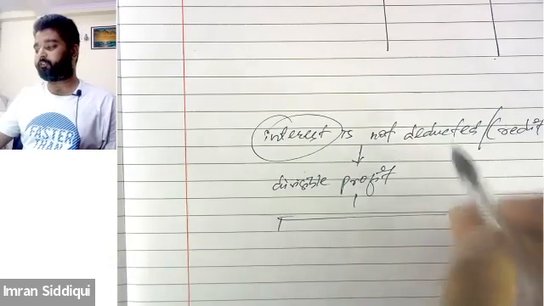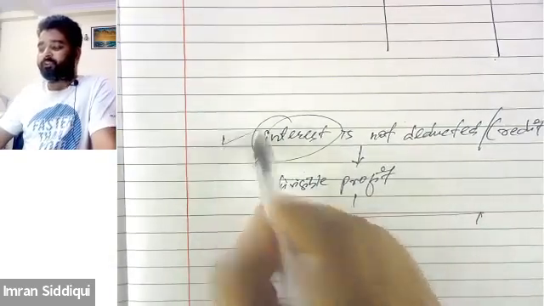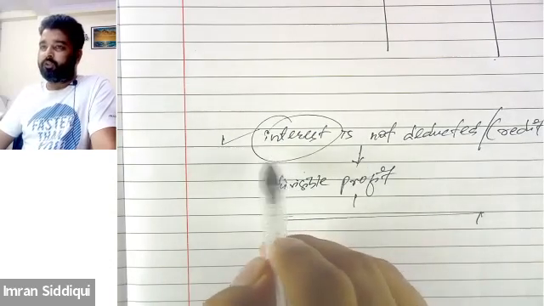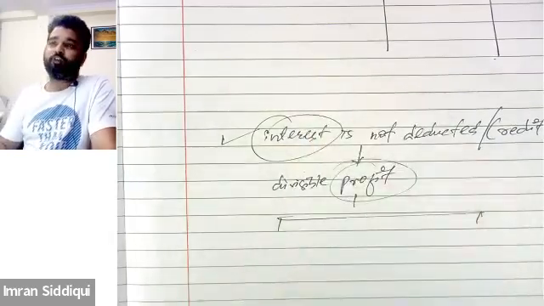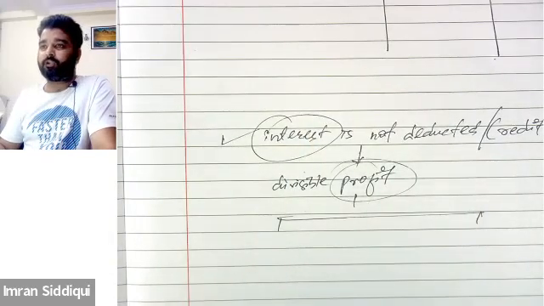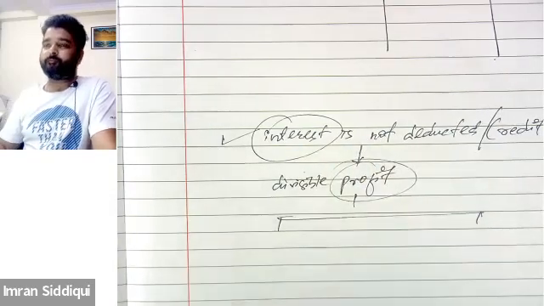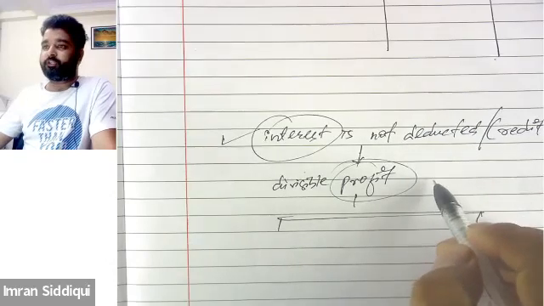Listen to me very, very carefully. I'm saying that if we forgot to credit the interest among the partners, then it means that we have credited such interest by way of profit among the partners. Instead of giving it as the interest on capital, we have given the same amount among the partners by way of profit. And as you already know, profit is divided depending upon the profit sharing ratio.